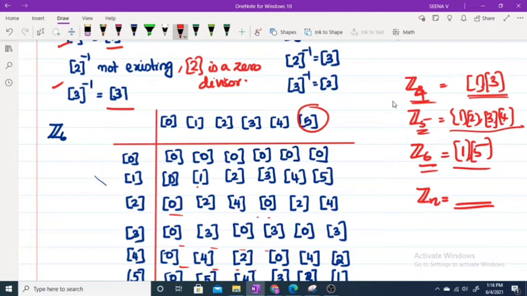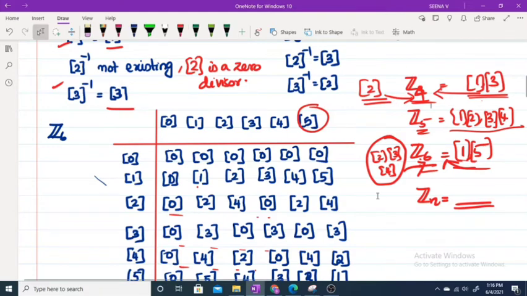Just think, is there any relation? In this case, 2 inverse does not exist. In this case, 2, 3, 4 do not have inverses. Does there exist any relation between these numbers and the number 6? Just check.